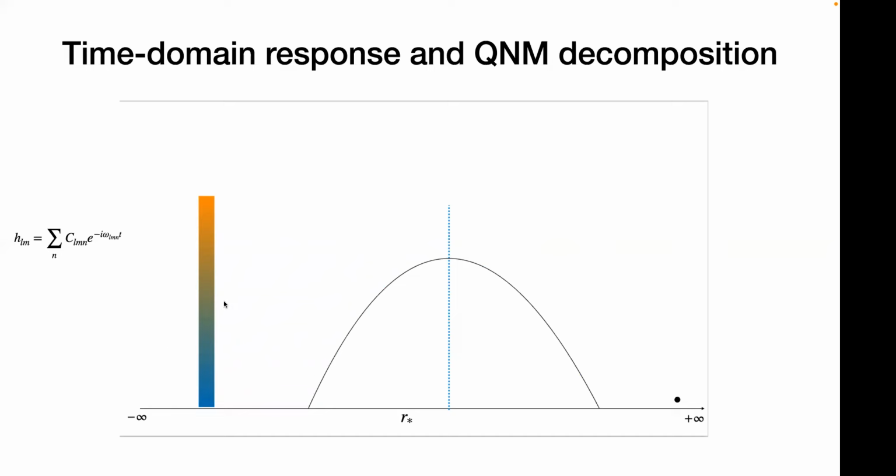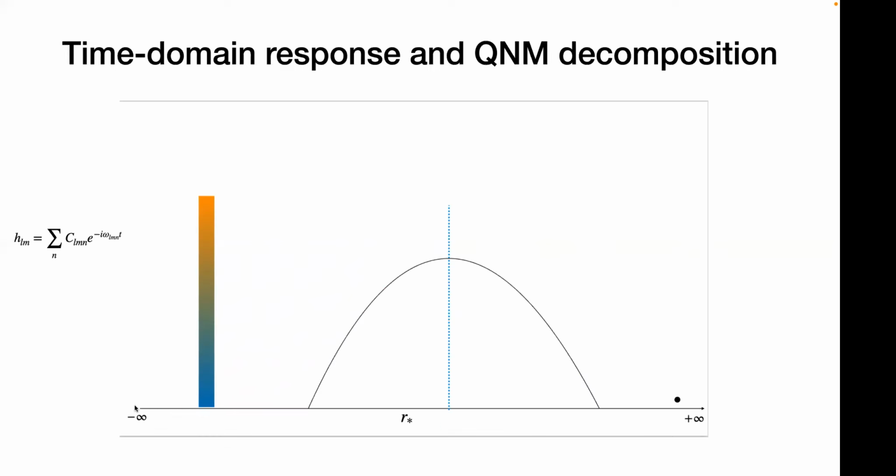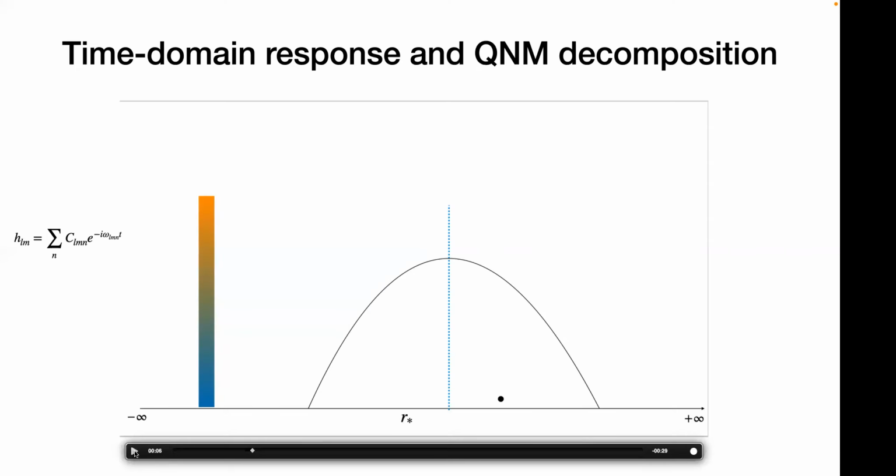And let's still look at this black hole mimicker. A small particle falls into this system. As it hits the peak of the potential, an initial time response is generated.